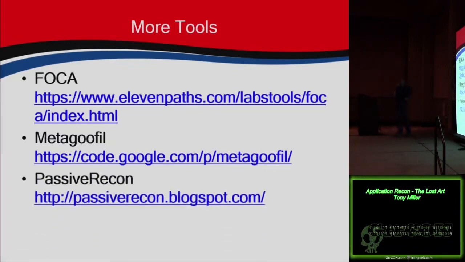And then the last one, for my Firefox users out there. This is really cool. Passive Recon. No, this is just a plugin for Firefox. You get into Firefox, you go visit the site that you want to take a look at, and right there in your context menu, right-click, is Passive Recon.